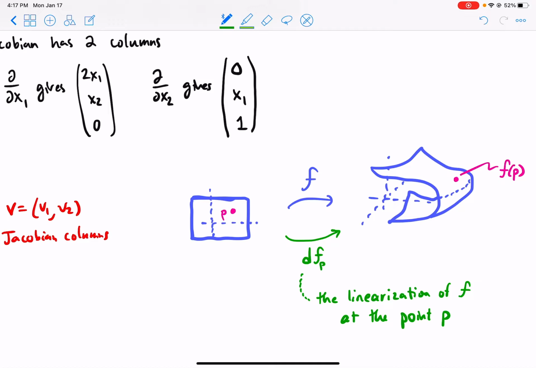And what it'll do is it'll send that same rectangle to not a curvy surface, but actually to some sort of a flat surface. And it'll include that same point. Roughly, this is what's happening. And this map will be a linear map.